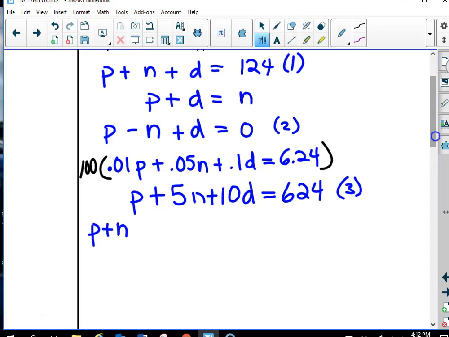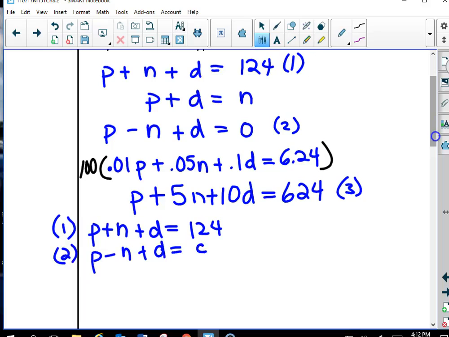P plus N plus D equals 124. That's my equation 1. And equation 2, P minus N plus D equals 0. So I get 2P plus 2D equals 124.